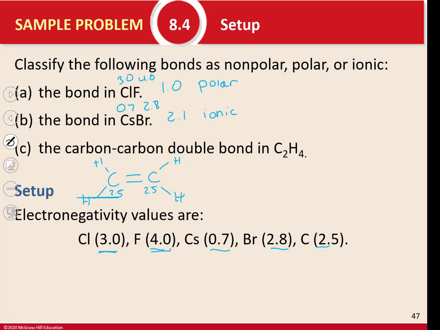So what's the difference? 0. So what kind of bond is that? Nonpolar. Good. By the way, carbon to hydrogen had a value of 2.1. What's the difference between those two? 0.4. So the bond between carbon and hydrogen is also nonpolar.